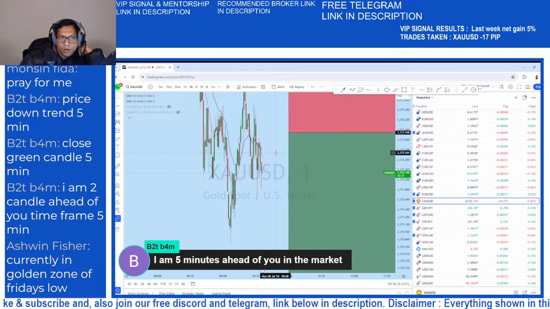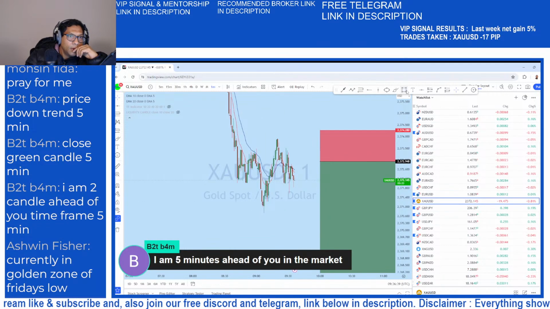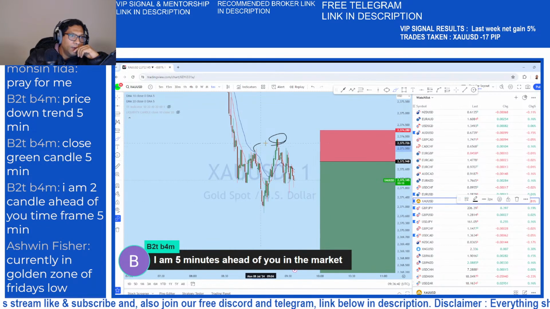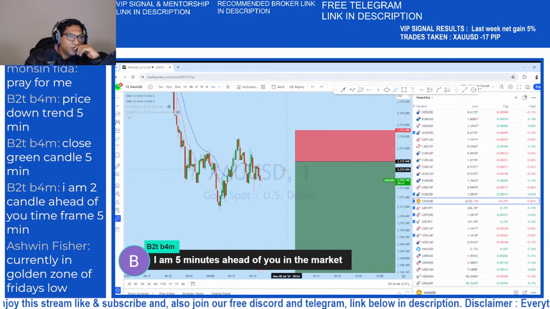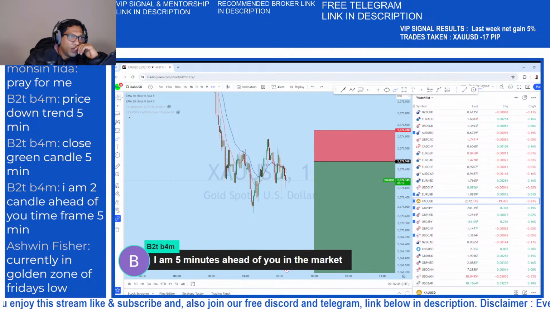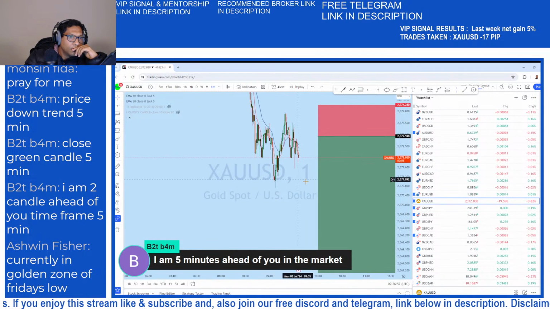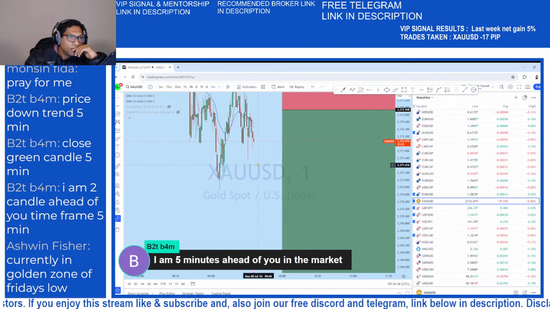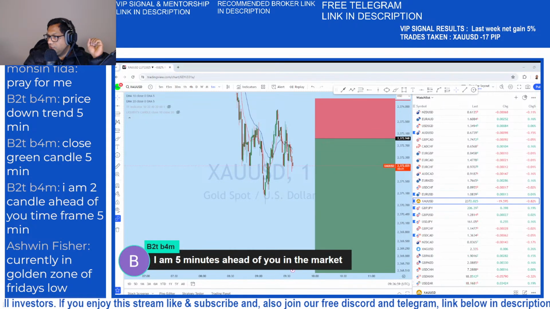Pretty, this is a head, left shoulder and the right shoulder. And this is what I'm expecting for the price to trend in that direction. Running a couple of pip profits.